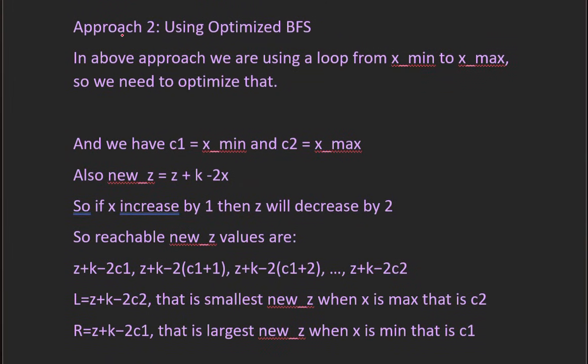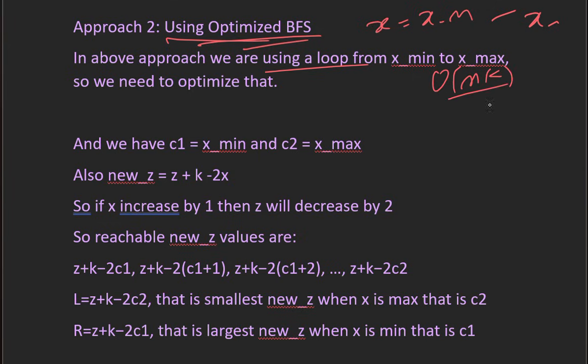Instead of using the normal BFS, we'll be using optimized BFS. In the above approach, you have noticed that we have a loop of x from x minimum to x maximum, that is making our time complexity n into k. If somehow we remove this loop, then our time complexity will be big O of n and our work will be done. So now let's see how we can do that.